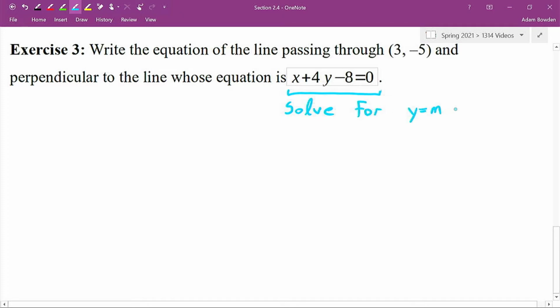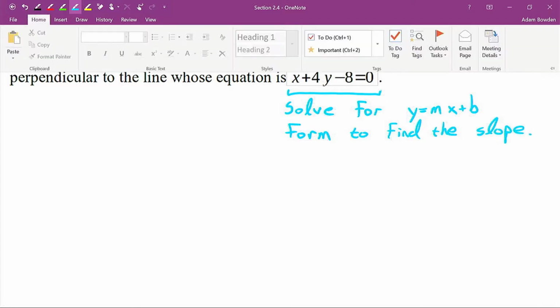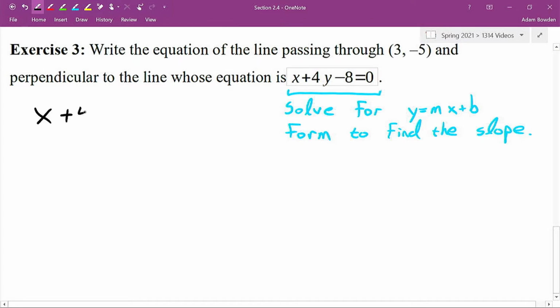We want to write it in y equals mx plus b form so that we can figure out what the slope is. Because once we know the slope of that line, then we can know the slope for perpendicular. So first I'm going to add this 8 over. So x plus 4y equals 8.